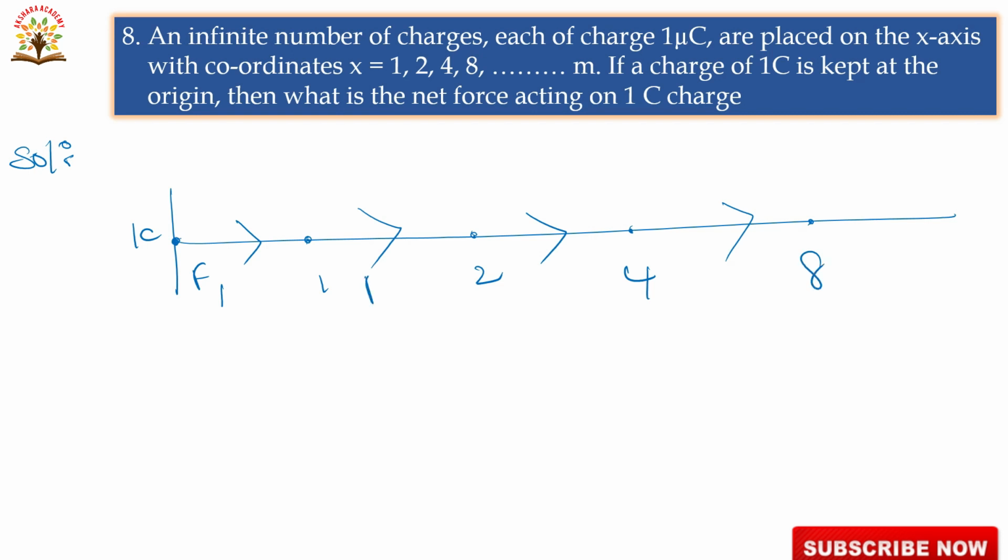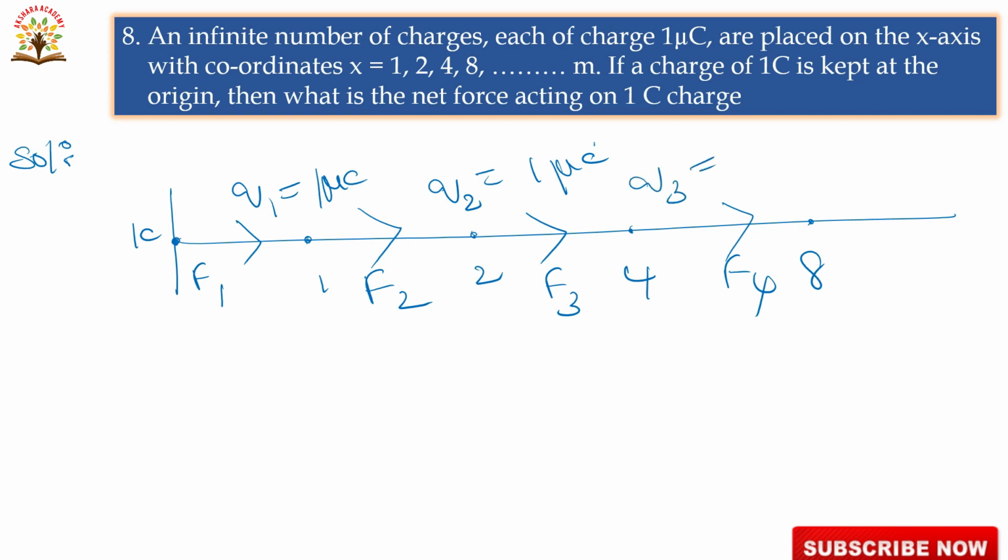So here the forces are F1, F2, F3, F4, and the charges are Q1 equal to 1 microcoulomb and Q2 is also equal to 1 microcoulomb. Q3 is also equal to 1 microcoulomb. Similarly, Q4 is also equal to 1 microcoulomb, etc.